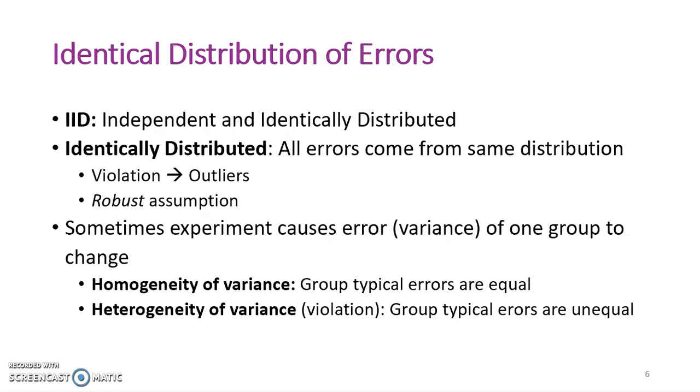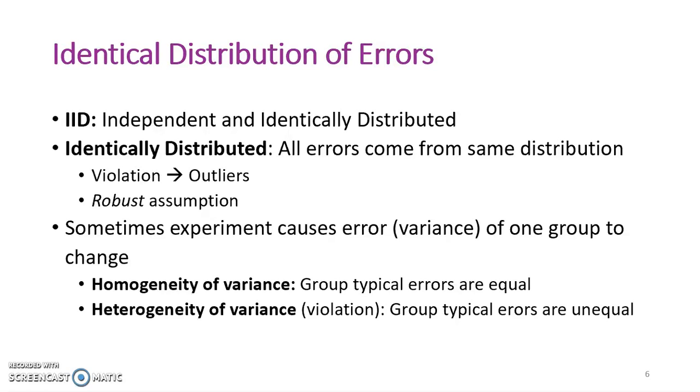Another way to think about this is that an outlier's error has to be really large to affect results from an analysis. Related to this assumption, the identical distribution assumption, is the assumption of homogeneity of variance. When we are examining group differences, we make the assumption that the group typical errors, such as variance or standard deviation, are relatively equal.